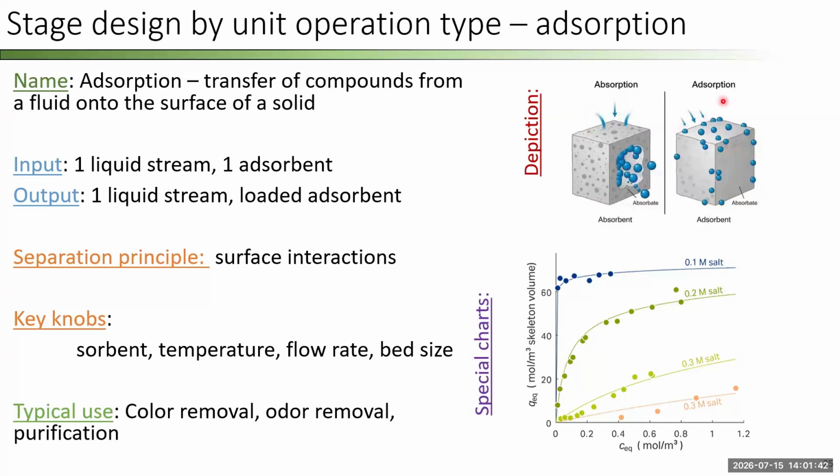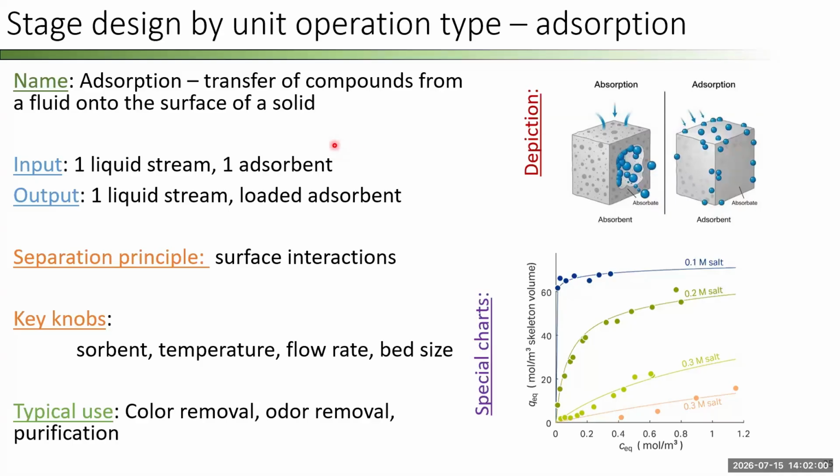So here in my little picture, for absorption, think of a sponge and fluid moving into the sponge, and adsorption is more molecules coming and sticking on the surface of a material.